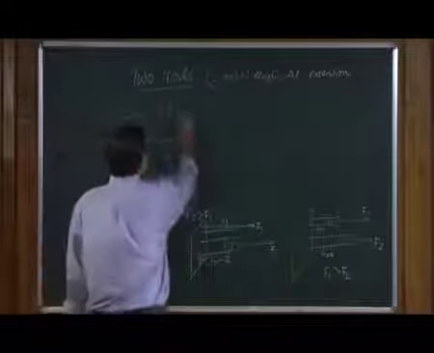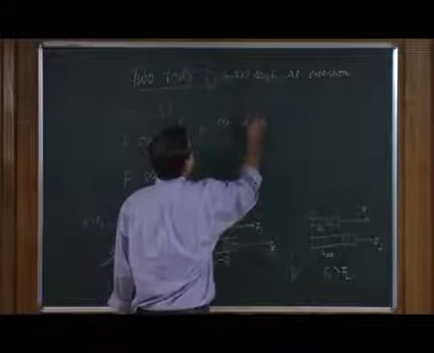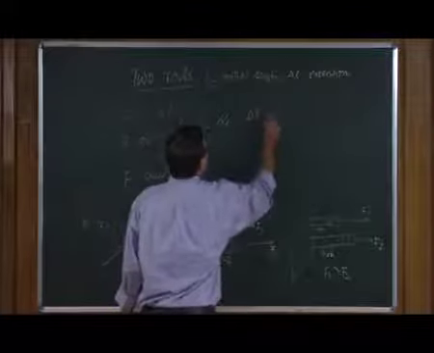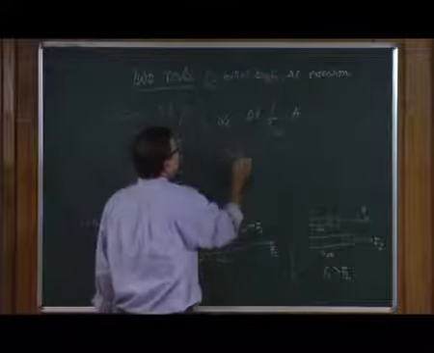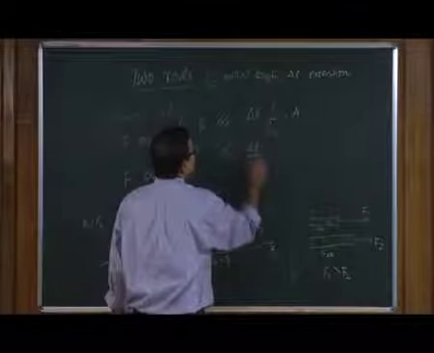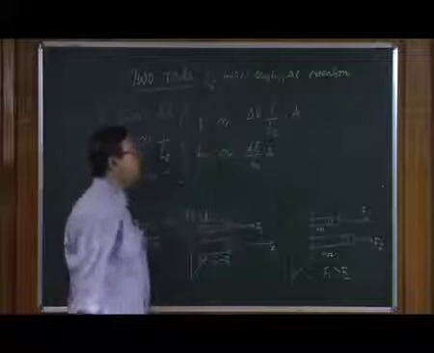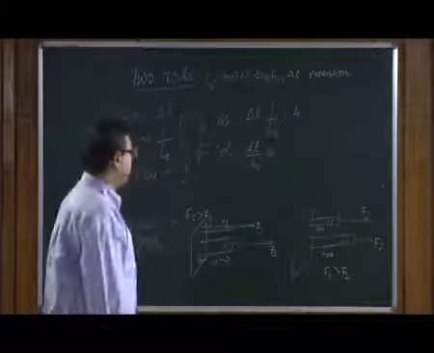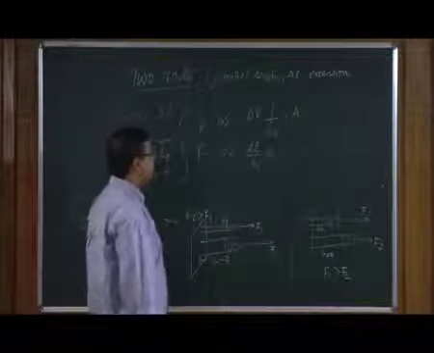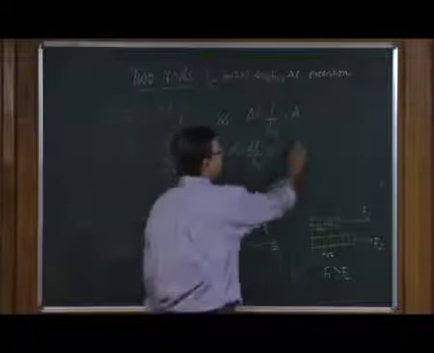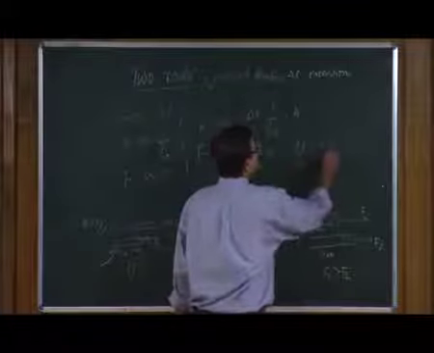So, if we combine all three of them, we can write that F is proportional to delta L, 1 over L0 and A. So, I can write it a little more compact: F is proportional to delta L over L0 multiplied by the area of cross section. Now, delta L by L0 can be called the fractional change in length.